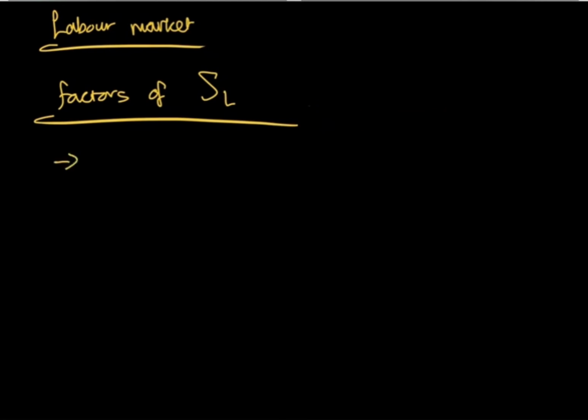So let's start with the first thing. What's the alternative to work? Leisure. So your value for leisure might change. When might your value for leisure change? Would it be as you get older, or maybe you get a family? Yeah, exactly. If you have kids, you might be more willing to take days off.